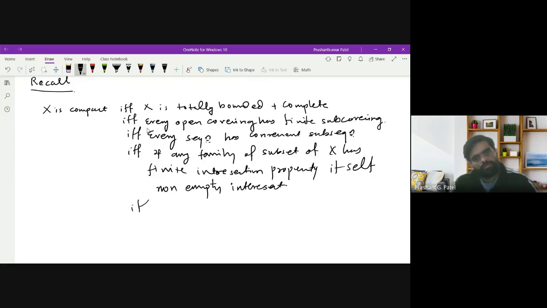And the fifth statement is any infinite subset of X has a limit point.